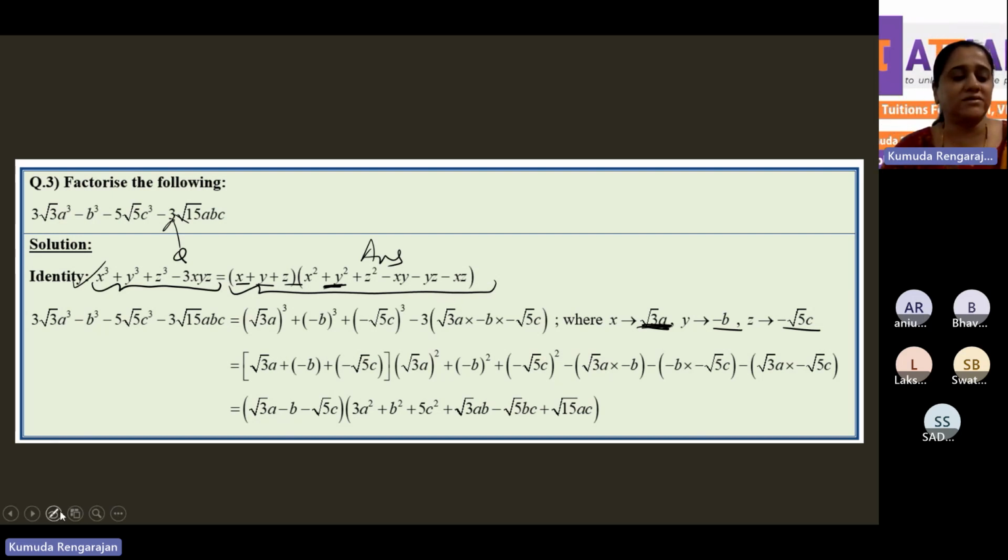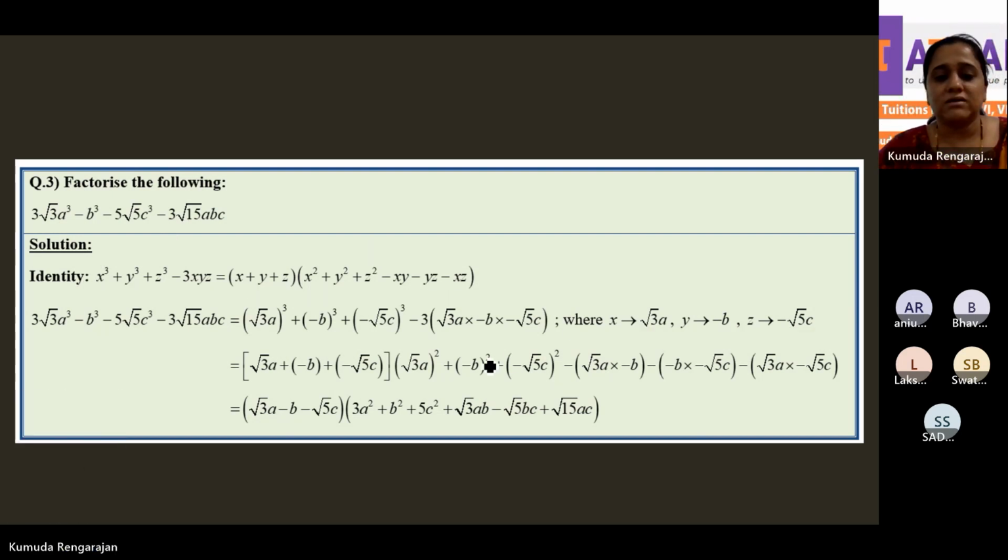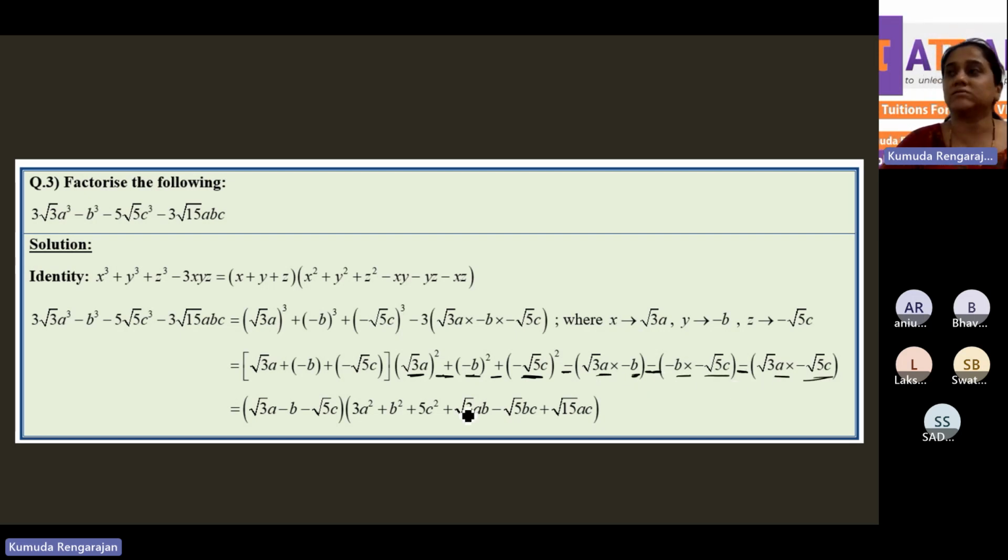It's all there in the identity. x squared plus y squared plus z squared minus xy minus yz minus xz. And who are x, y, z? It's all here. Then simplify all that square and all that. When you simplify all this, you get these terms.